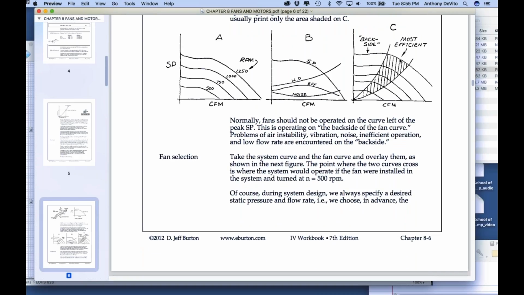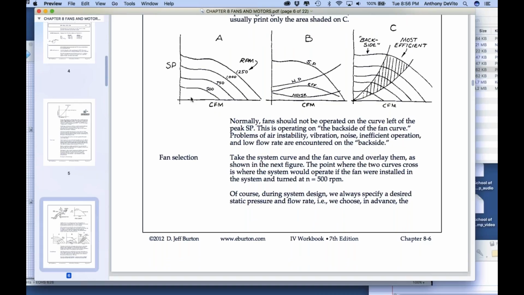Okay, not only that, but if you notice these fan curves here, right? If you're at the beginning of it here, you're choking the fan down. You're running high static pressure, but you've got that damper closed down, or you've got a lot of resistance in your ductwork, right? So you're choking the fan down, so it has to generate a lot of pressure to get a little bit of air moving.